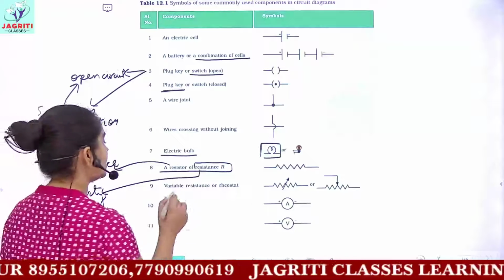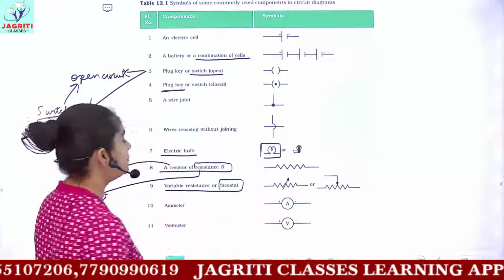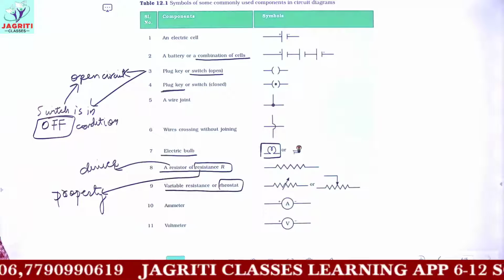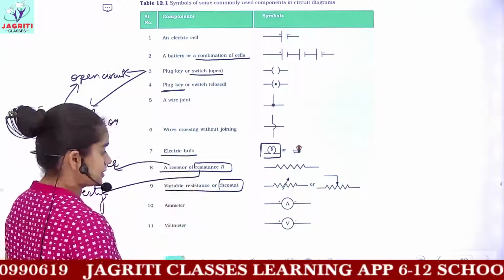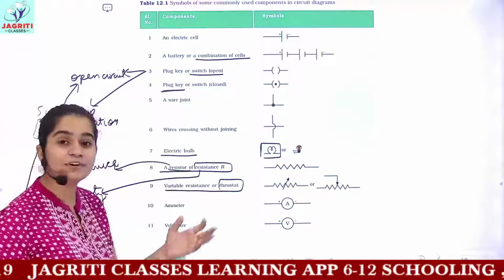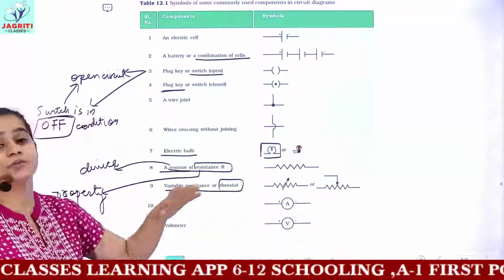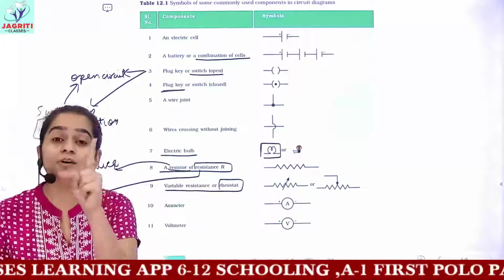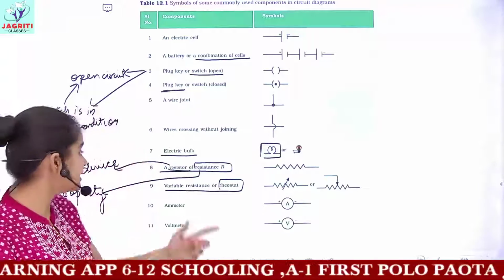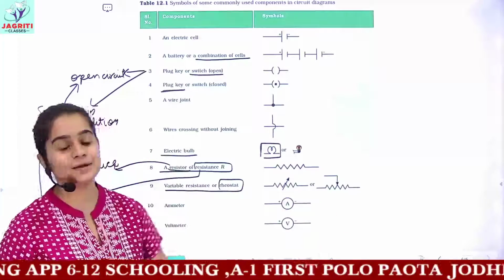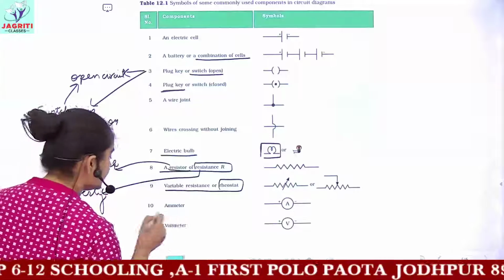And then you have a device which is called variable resistance or rheostat. So both these are resistors, okay? When the value of resistance is known, then you draw it in this manner, and rheostat, which does not have a particular one fixed value of resistance, then it is shown by these symbols. The next is ammeter and voltmeter.